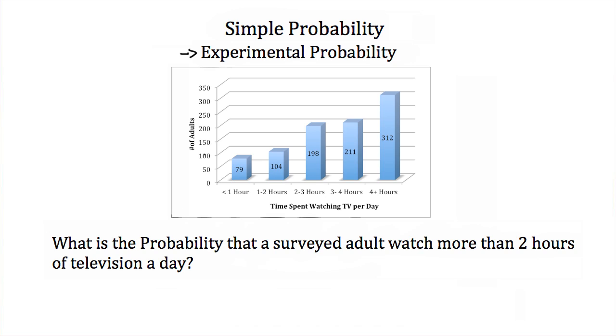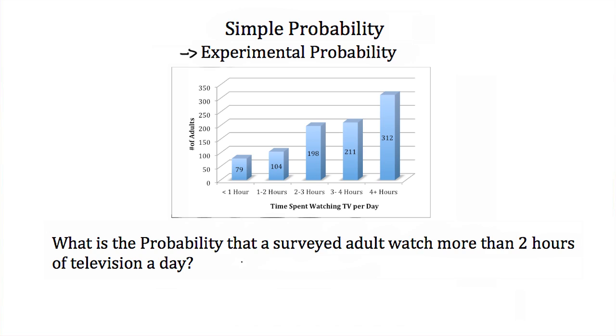Here we've surveyed several adults on the amount of time they spend watching TV per day. 79 of the adults watched less than 1 hour. 104 watched between 1 and 2 hours. 198 watched between 2 and 3 hours. 211 of them watched between 3 and 4 hours, and 312 of them watched for more than 4 hours.